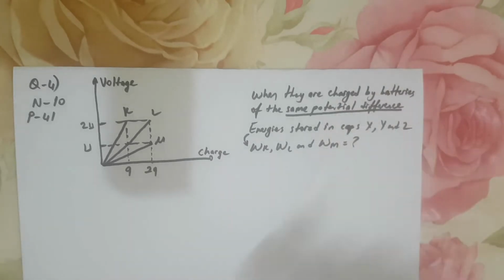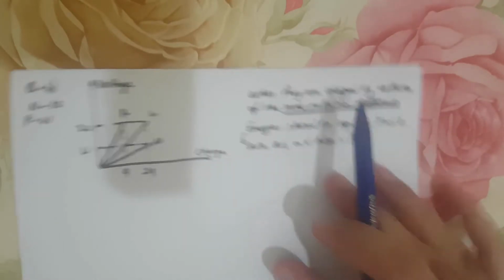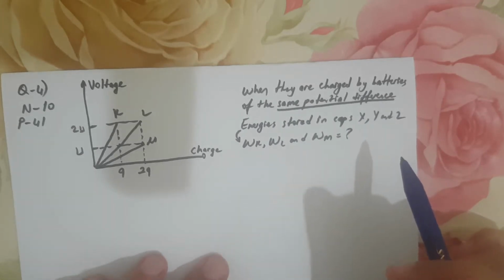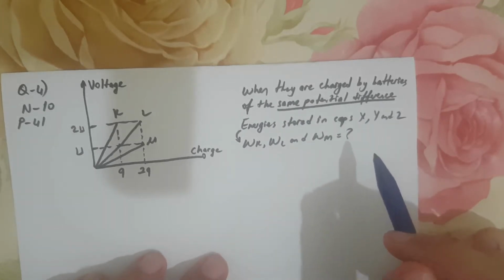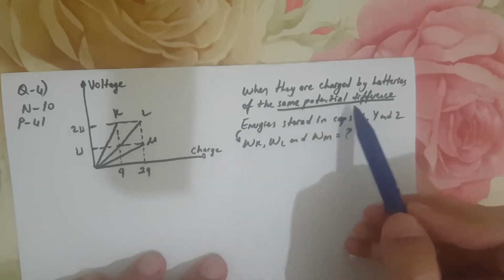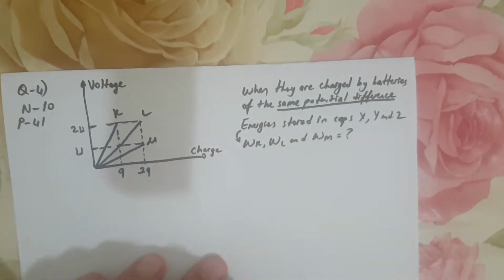Let's look at the next question. According to this graph, when they are charged by batteries of the same potential difference. This point is very important. Here it says the same potential difference. So what happens? Here we are going to choose the same potential.